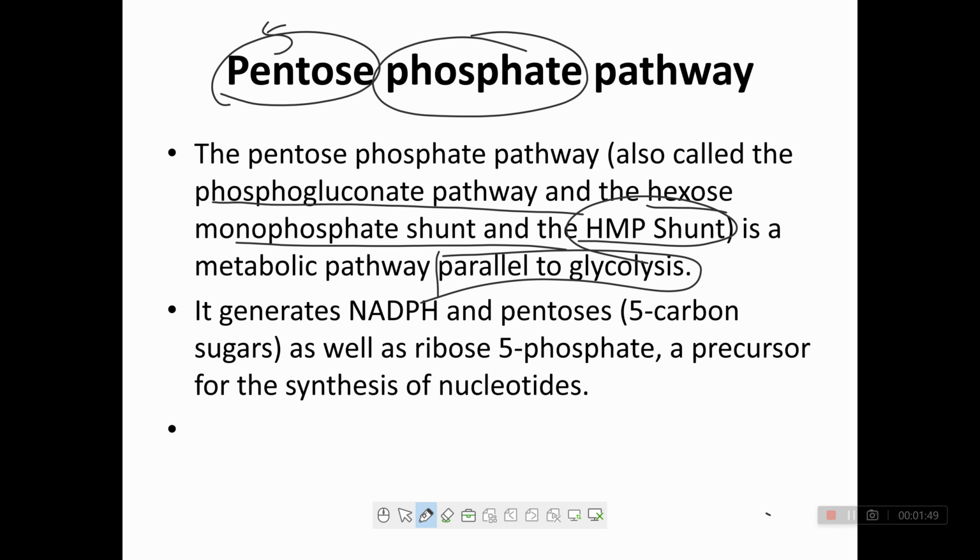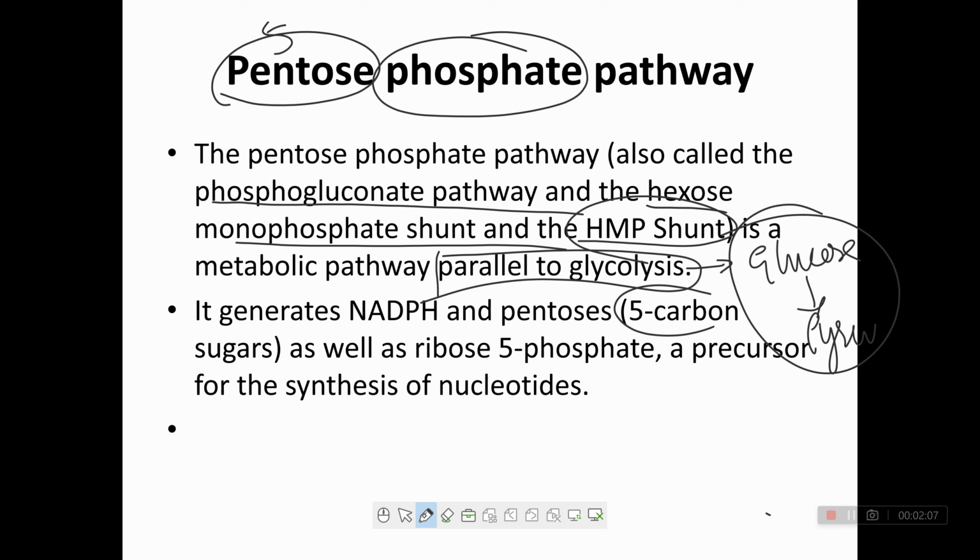In glycolysis, you know there is breakdown of glucose into pyruvate. Similarly, in this pathway, there is breakdown of ribulose 5-phosphate, a 5 carbon molecule, into glyceraldehyde 3-phosphate.